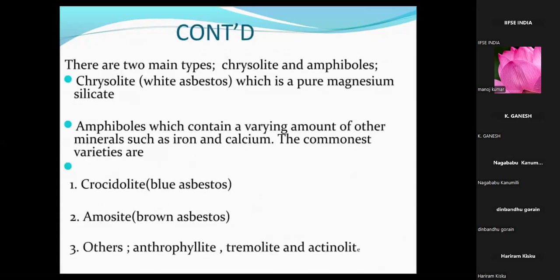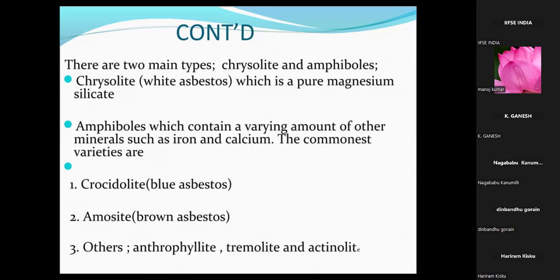Now, there are two main types of asbestos, that is chrysotile and amphiboles. Chrysotile, the white type of asbestos, is a pure magnesium silicate, whereas amphiboles contain varying amounts of minerals such as iron and calcium.